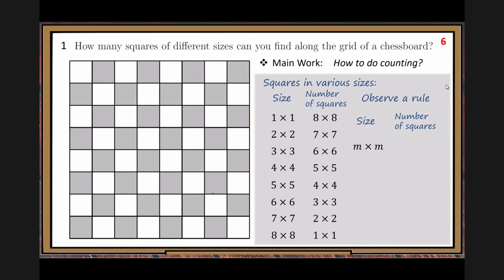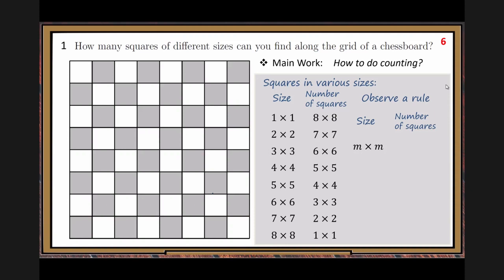So we treat ourselves as problem solvers. We want to do some advanced work. In order to do some advanced work, our human brain has one special ability, that's abstraction.